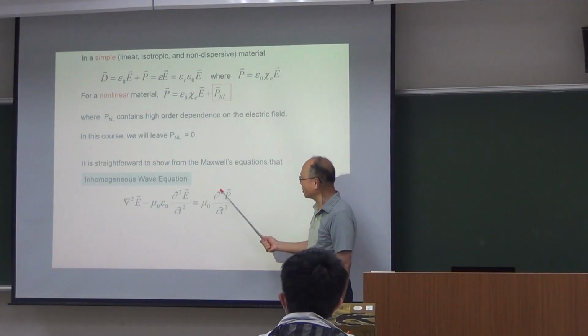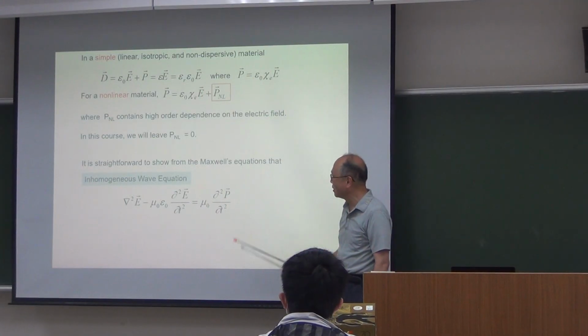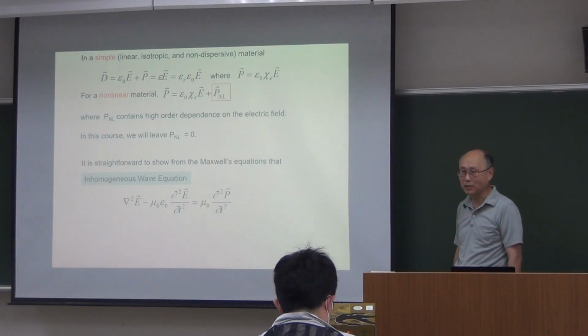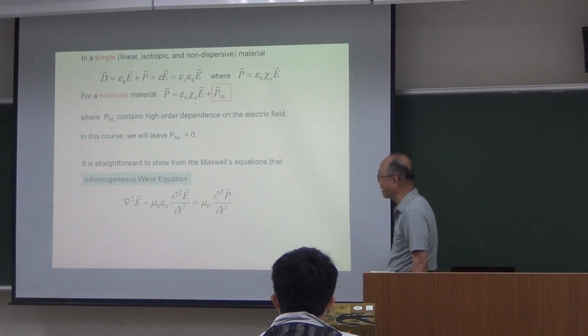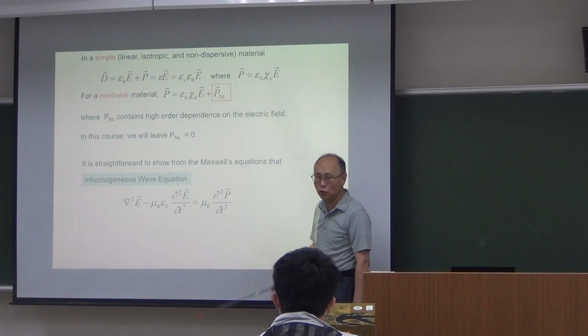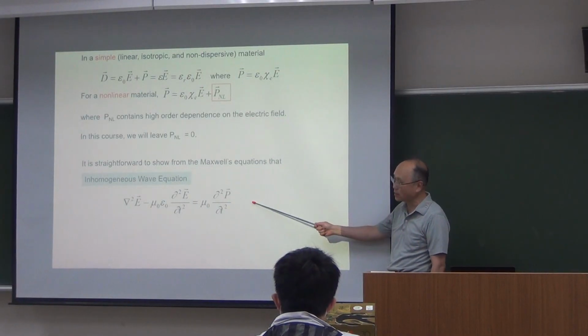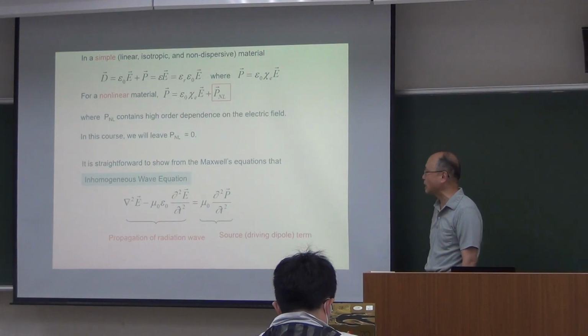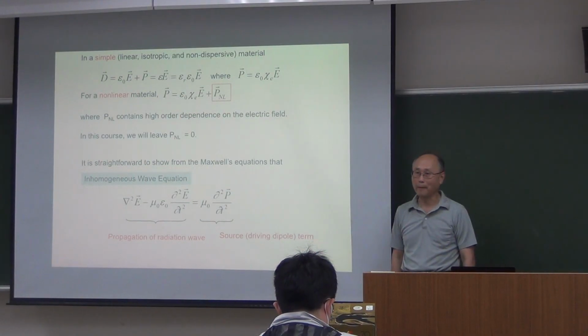And the second derivative of this polarization density vector generates a wave in space, propagating in space. On the left hand side, this is the homogeneous wave equation. On the right hand side, you have the excitation. Okay. So this is how we interpret this equation.